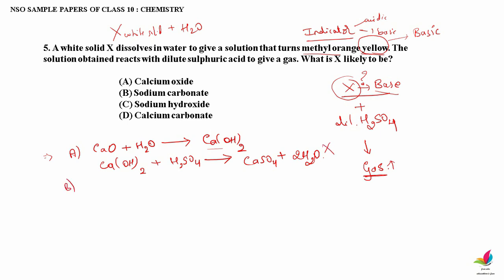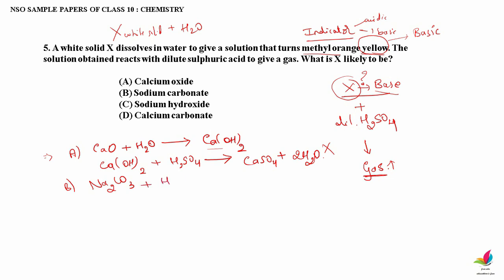Let's see B. B is sodium carbonate, Na2CO3. Now for sodium carbonate, no need to write the reaction with water, because on dissolving in water it will form aqueous sodium carbonate itself. It won't get converted into something else.